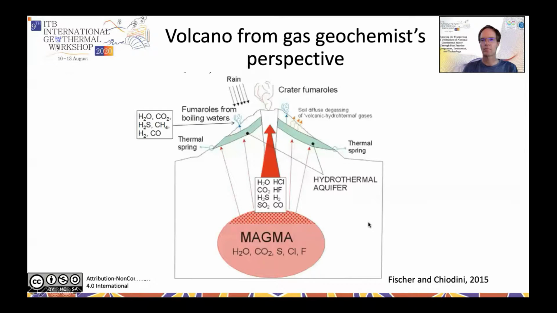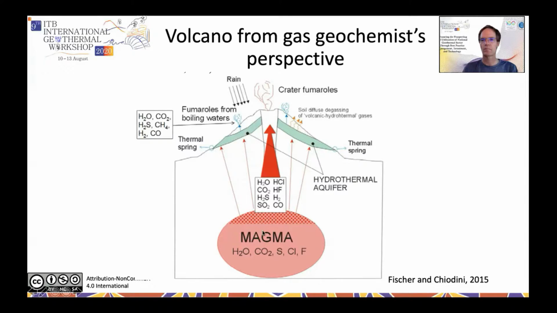However, for the rest of the talk, I really want to focus on process rather than source. Now, volcanic gases sample a mixture of volatiles that come from the magma and from the surface region. The surface region is influenced by rain and, as a result, a hydrothermal aquifer that affects the composition of these gases.